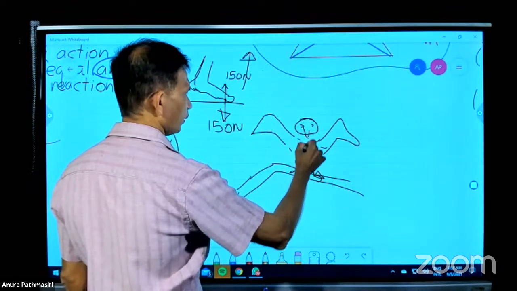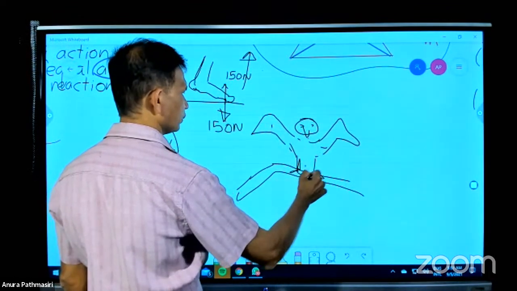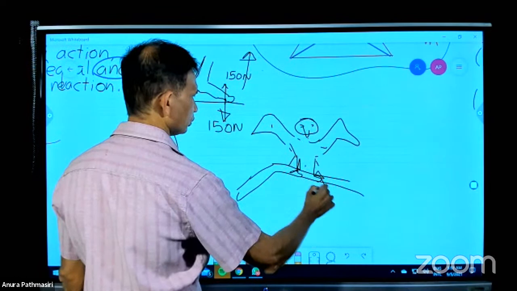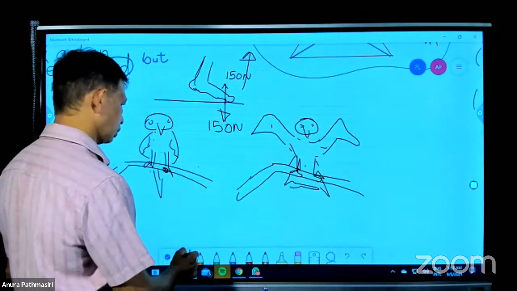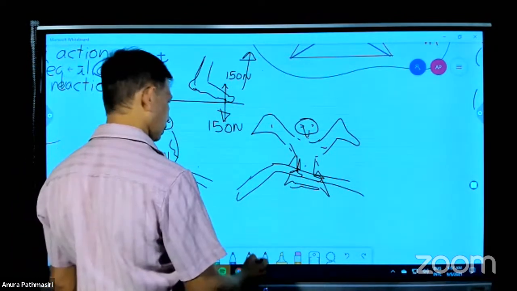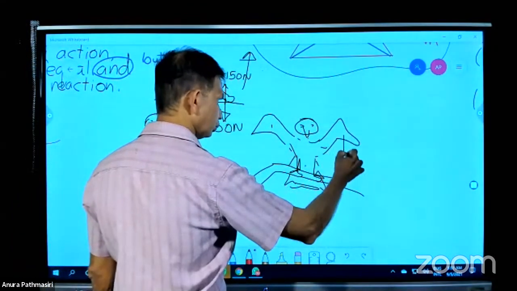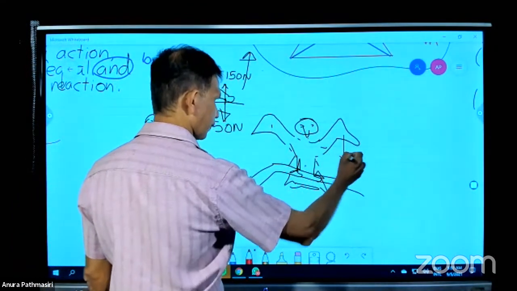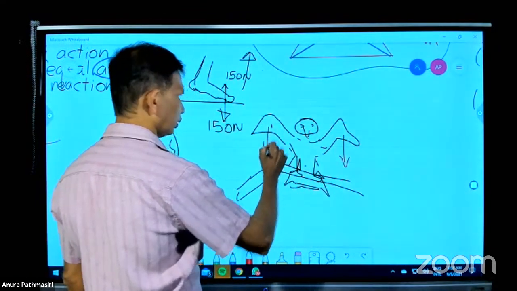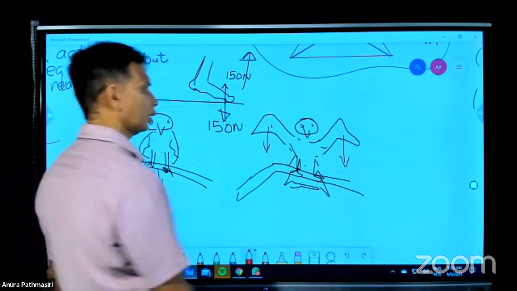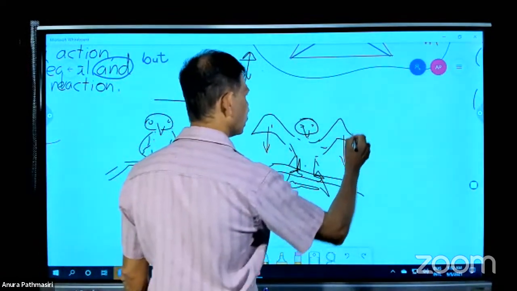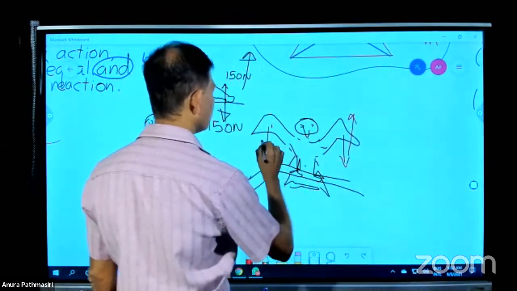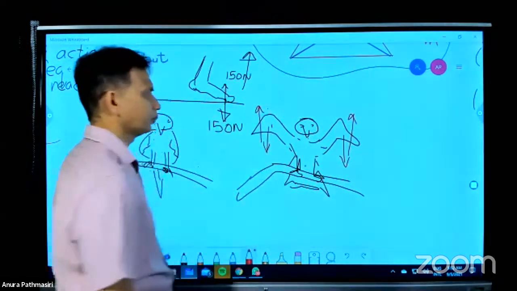When it spreads its wings, that means it is going to exert downward force, and the air exerts in return the same amount of force upward.